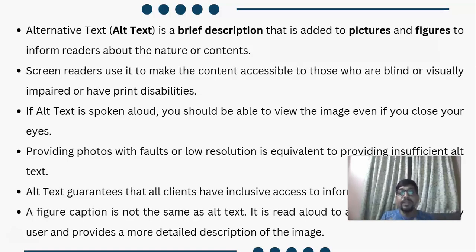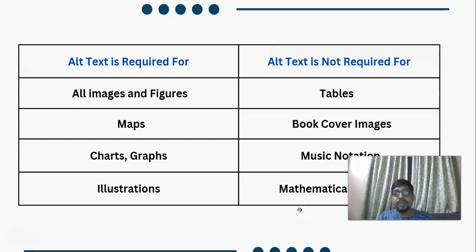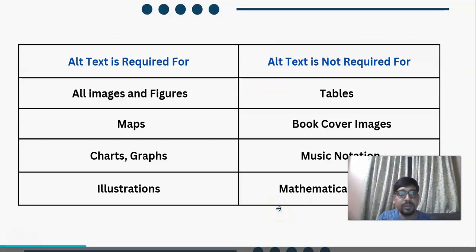At that time, if alt text appears, then the reader can understand your image. So alt text basically provides the content information of your figure, of your picture. One thing: a figure caption is not the same as alt text. So alt text should avoid being the same as figure captions.